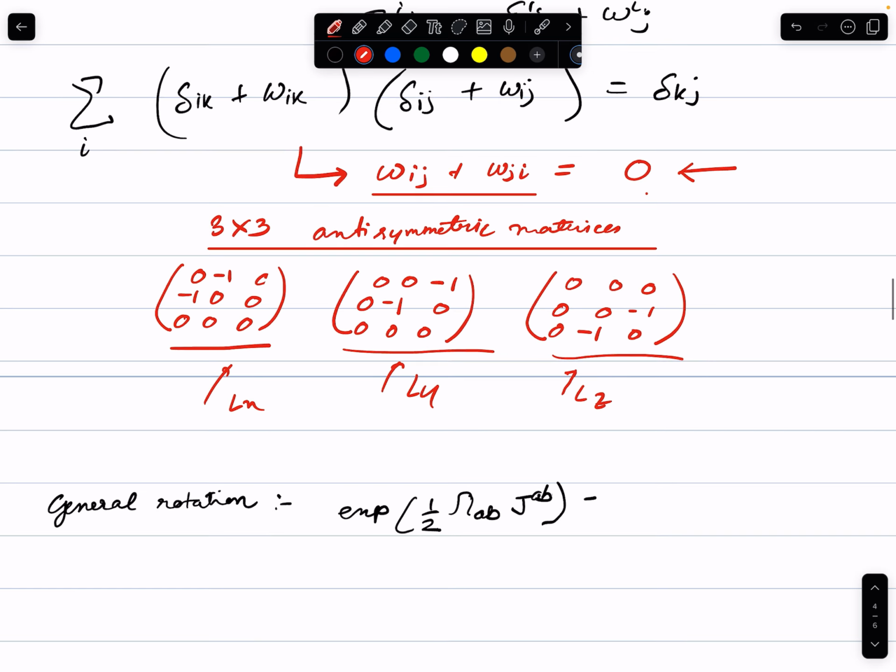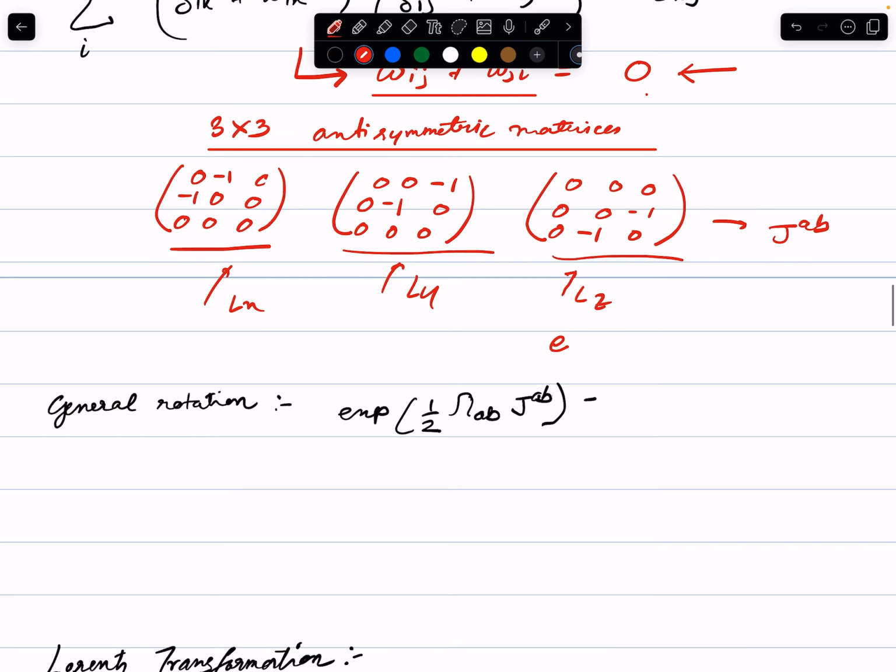And so if I want to rotate, I have to specify how much I want to rotate by, so I have to give some number. If I call these matrices JAB, a general finite rotation has the form e to the power lambda AB JAB, where JAB are these 3 matrices. Here we have 1, 2, 3, so we call them J12, J23 and J13.